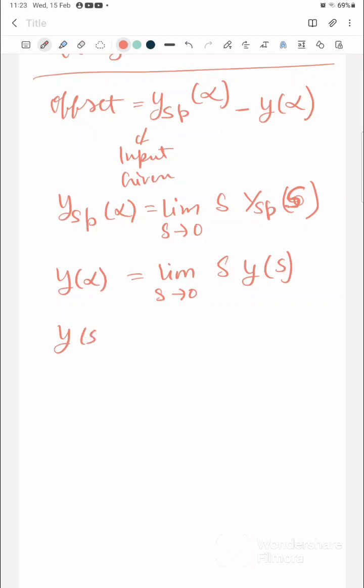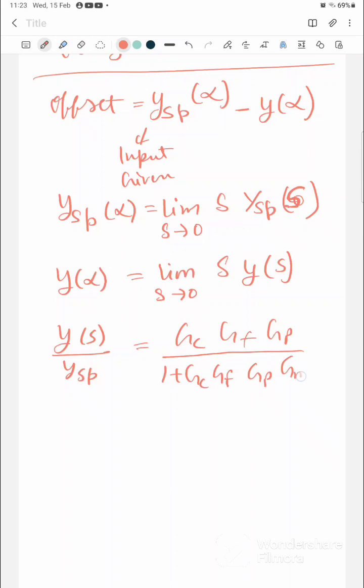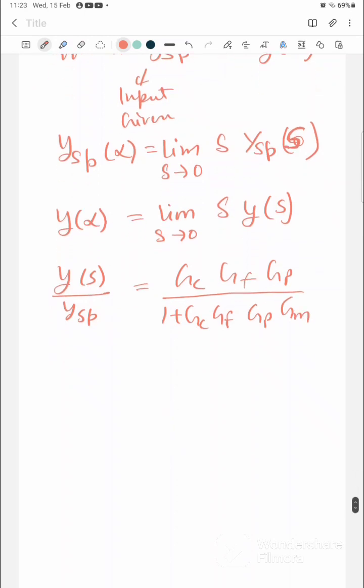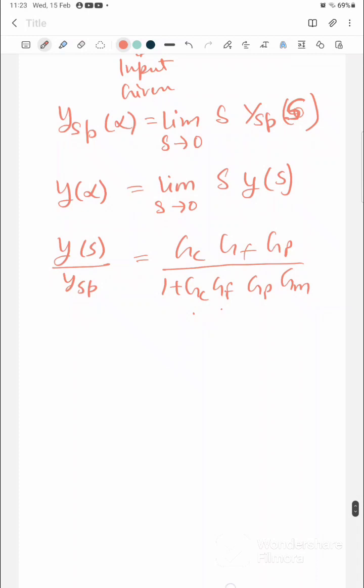Okay, ysp, this is a transfer function which can be GC GF controller transfer function, GF GP process transfer function plus GC GF GP GM measuring device transfer function. Process transfer function, first order transfer function, controller transfer function.